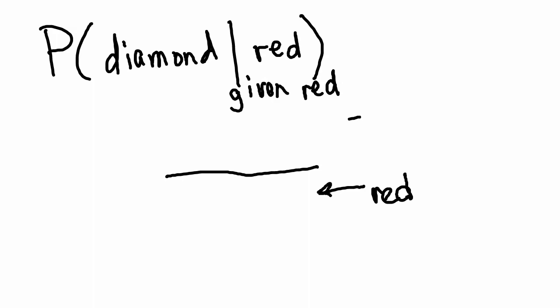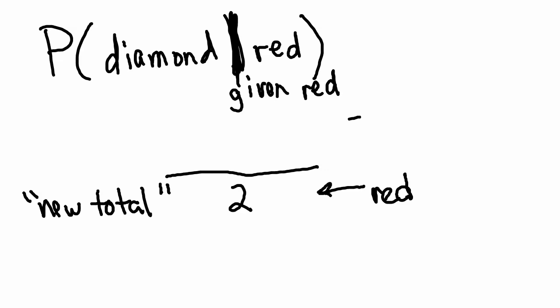Your red cards is in your denominator, or your new total, because it's not coming out of the whole deck anymore. It's only coming out of the reds. We know we got a red when we have this line here. Again, that means given. So how many red cards do we have?